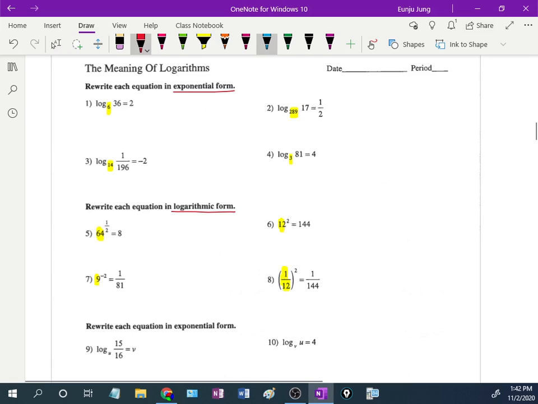So let's rewrite. What is the base? 6. What is the input? Oh, the input was 36 here, right? The output was number 2, and now I need to change the thing. So give me an exponent to write exponential form. 2. What do I mean by exponent?